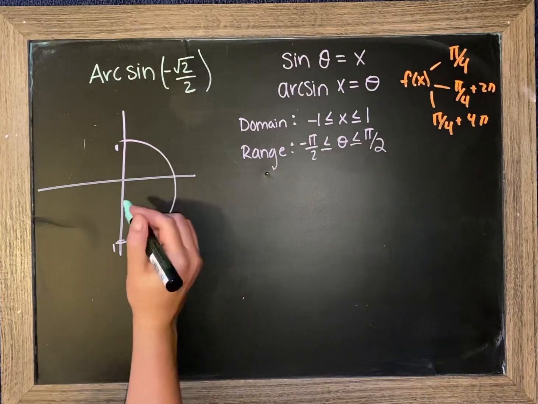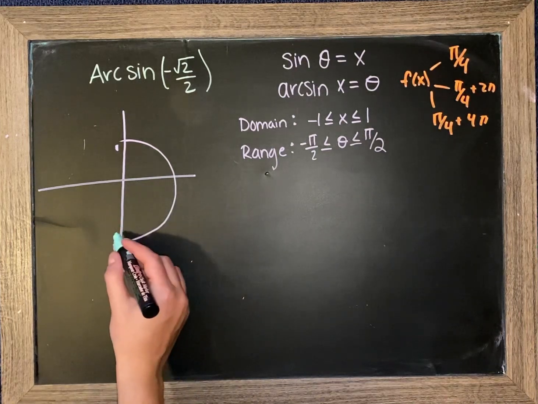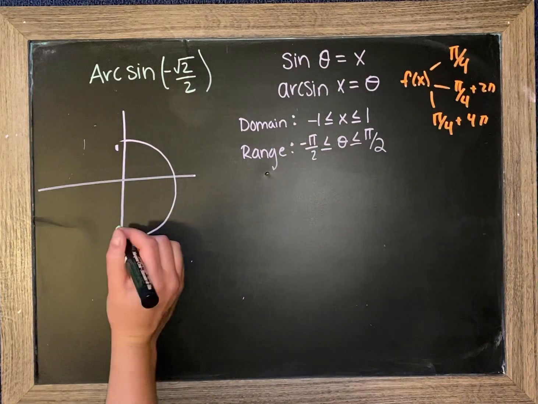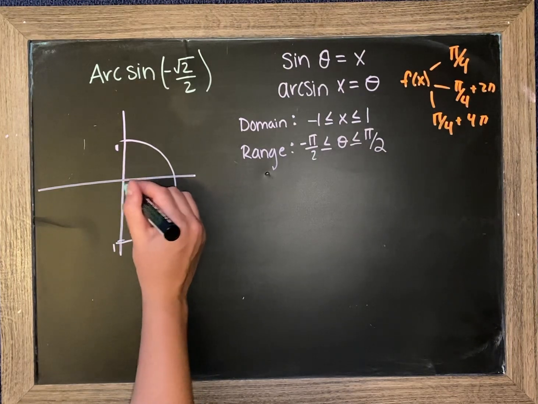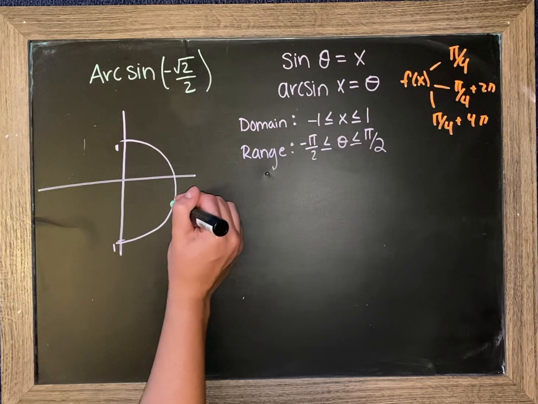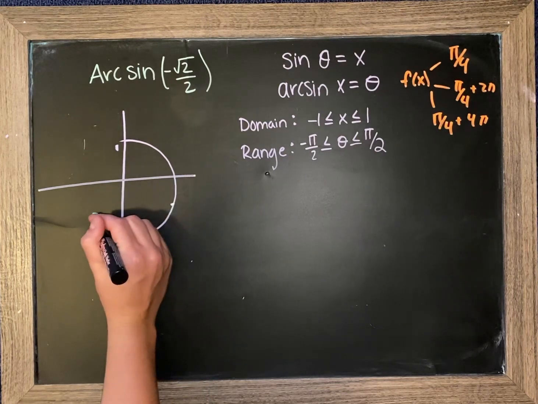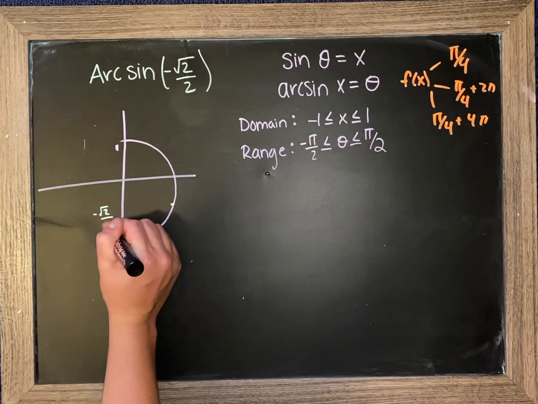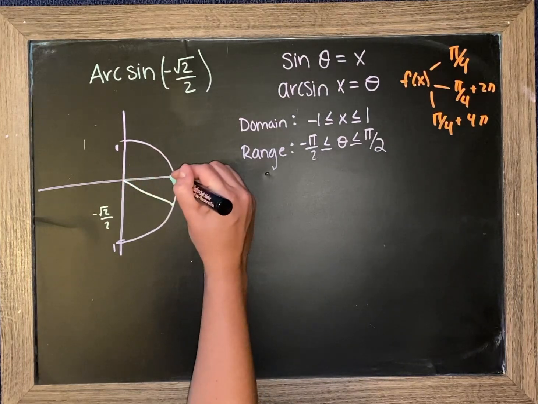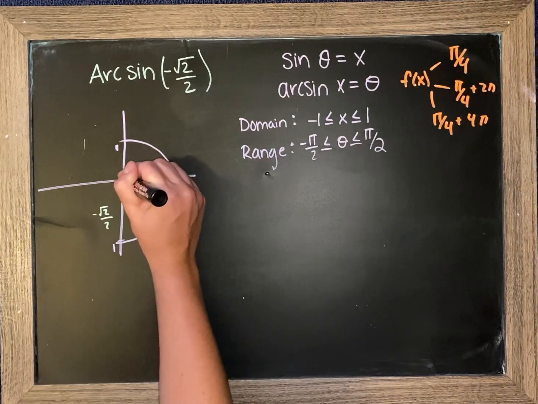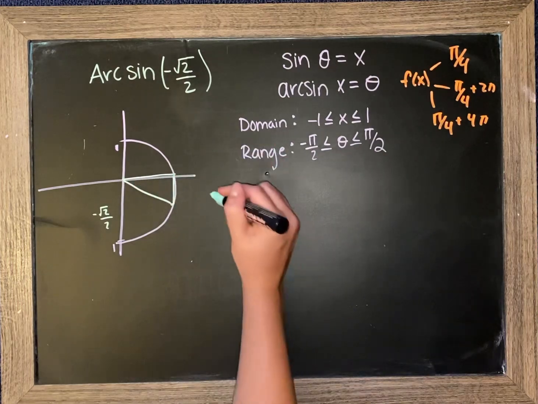So now if we had root 2 over 2 on here, it would probably look something like this. Say we got negative root 2 over 2. And then we're going to draw out a little triangle for this.